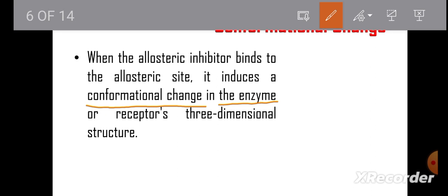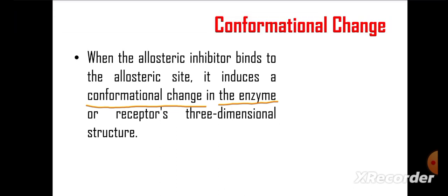As a result of the binding of the allosteric molecule, there would be a conformational change in the active site of the enzyme. As we discussed earlier, the active site is the place where the substrate binds. Remember this point.